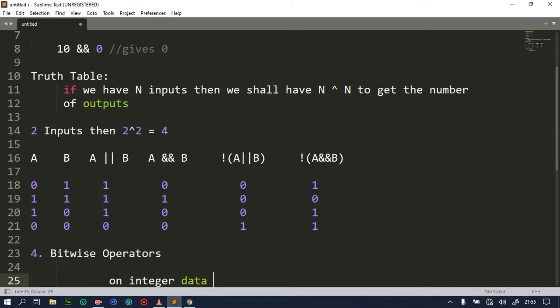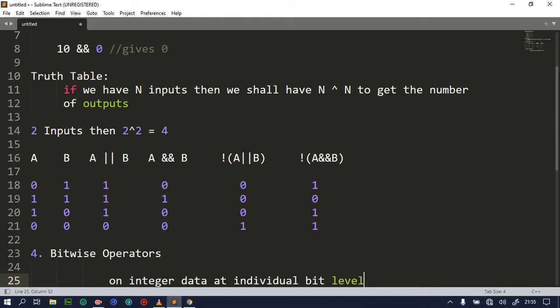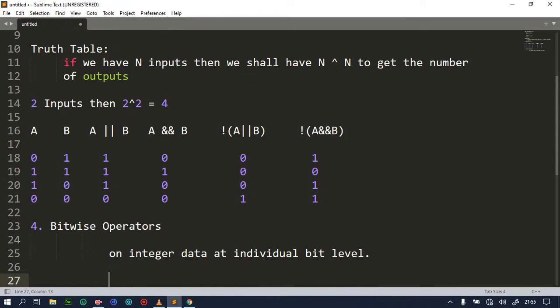Now bitwise operators perform operations on integer data at individual bit level. That is why we call them bitwise operators. So they handle data in form of bits. They include a number of operators.